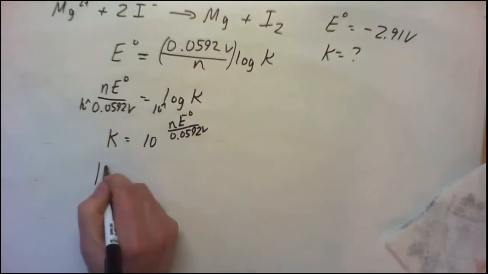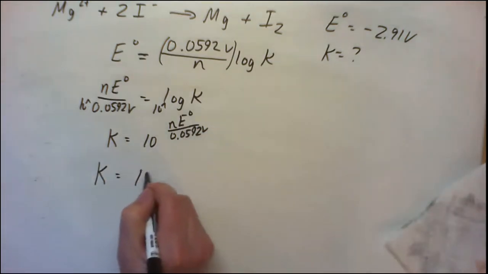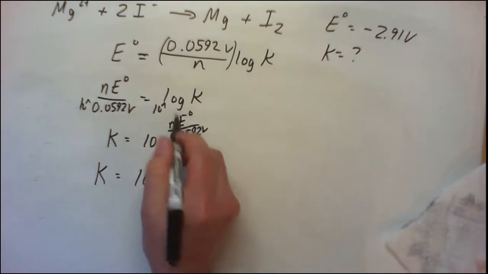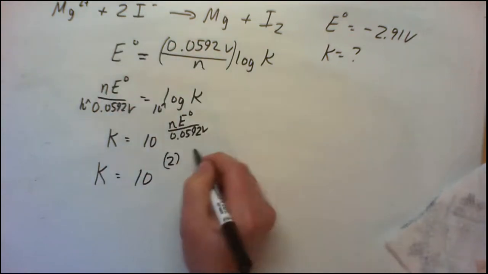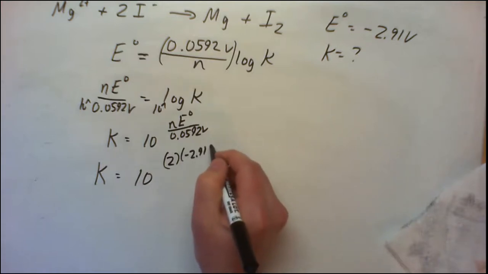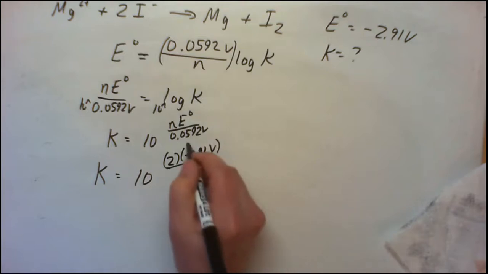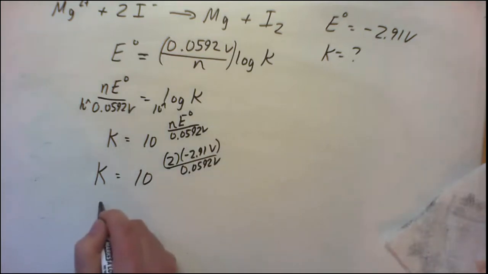So to plug in the value of the standard cell potential E, negative 2.91, K is equal to 10 to the number of moles of electrons. We saw before that's 2, times the negative 2.91 volts divided by the 0.0592 volts.